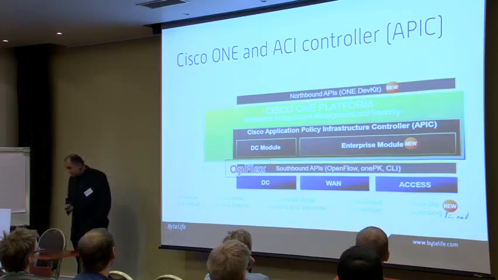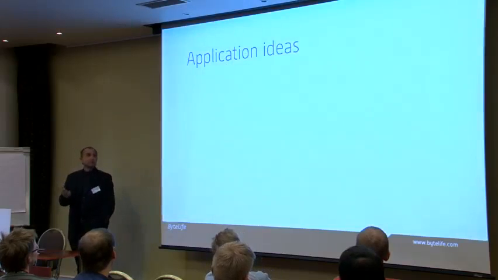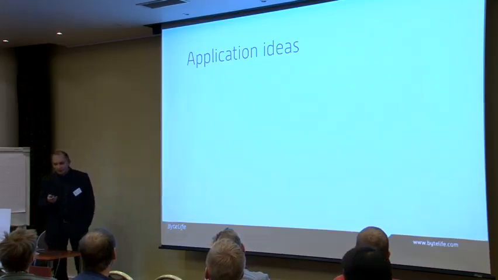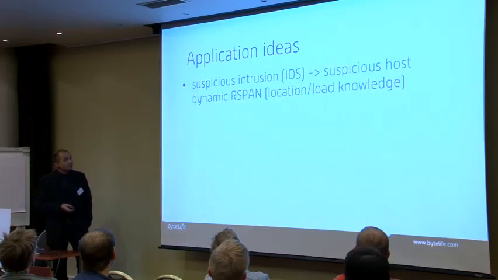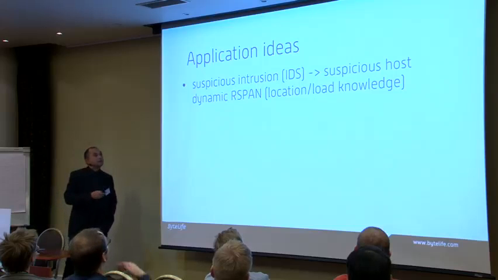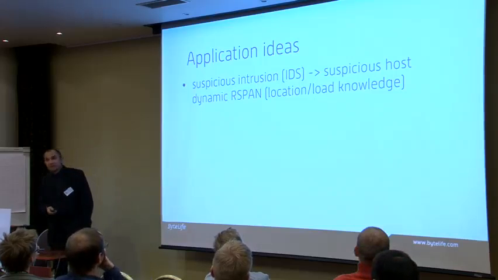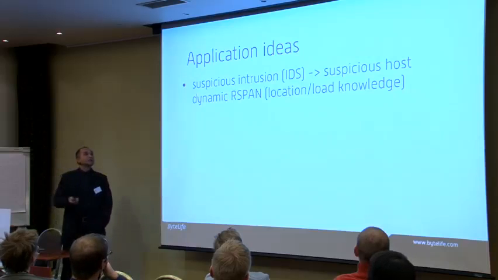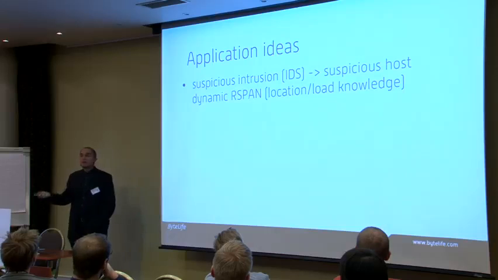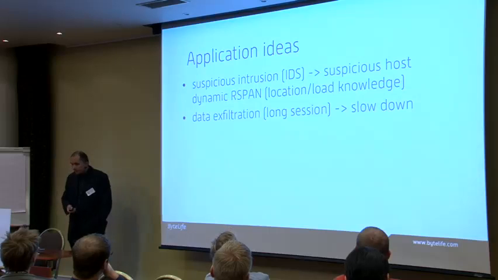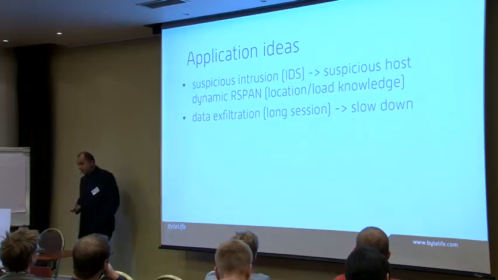So what those policies could be, there are a few ideas to think about. This is the one we kind of played through, not exactly, but similarly. If you find something suspicious, you create a dynamic mirror session for analysts. The second scenario would be data exfiltration.